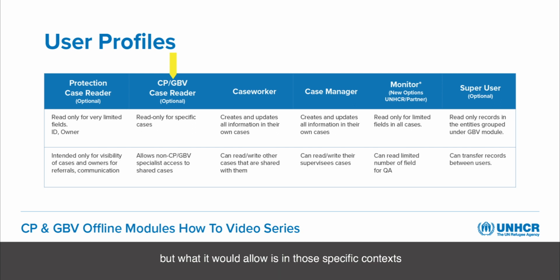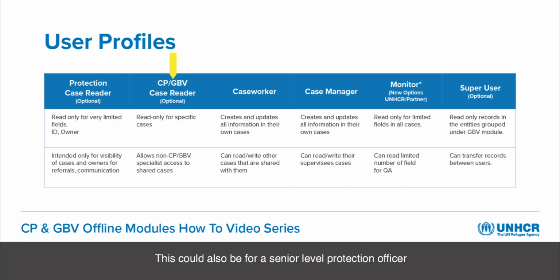But what it would allow is in those specific contexts where an individual would need to be granted access to a case. For example, perhaps at the stages of assessment for resettlement, the caseworker in a child protection or GBV case could then grant access to a specific part of a case and share that with someone who has case reader access.